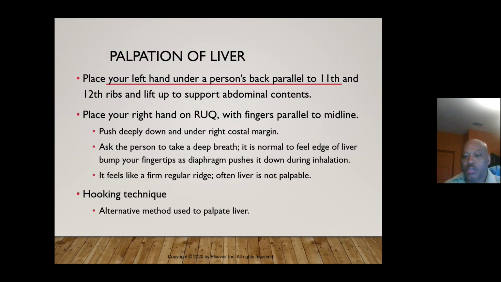Nodular is not good. Also, there's tenderness, which is not good either. So, for example, an abnormal firm liver can indicate that a patient has cirrhosis of the liver. Again, the book actually provides you with some really great examples of how those assessment techniques should appear.